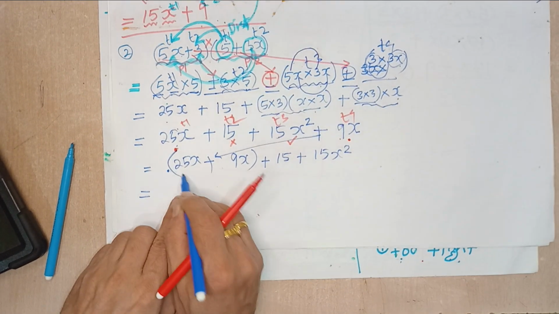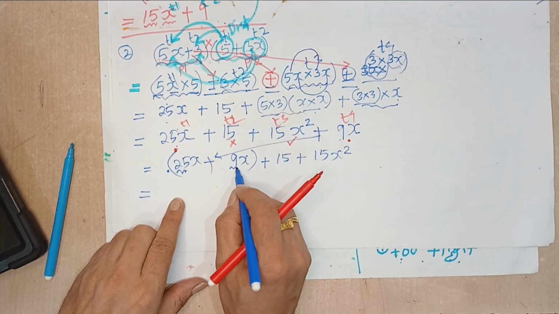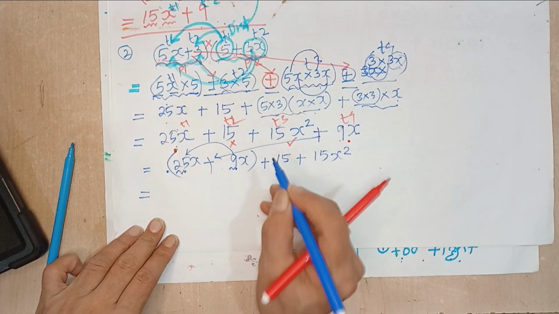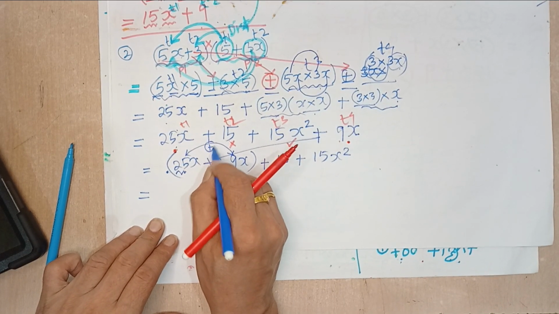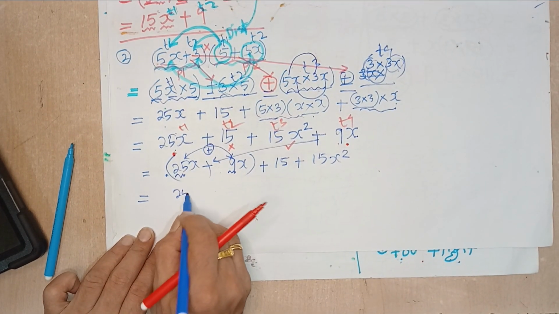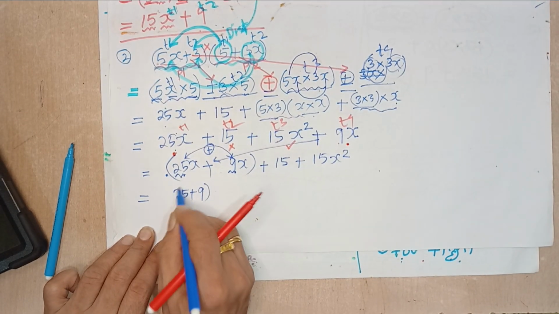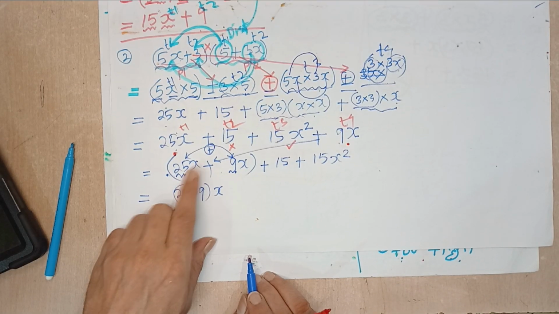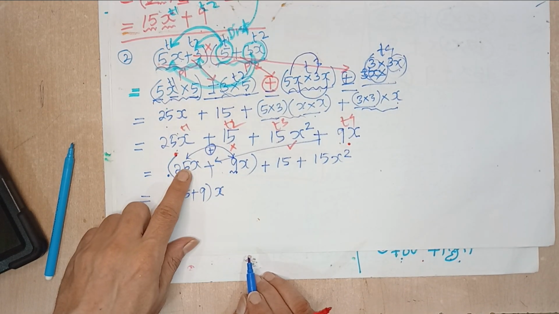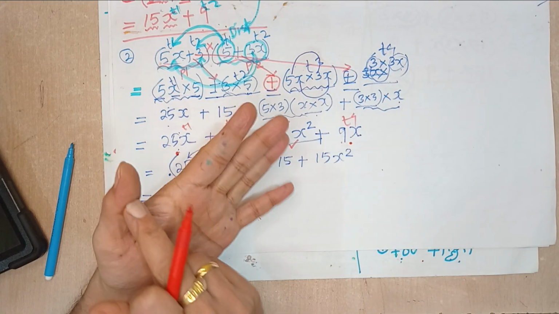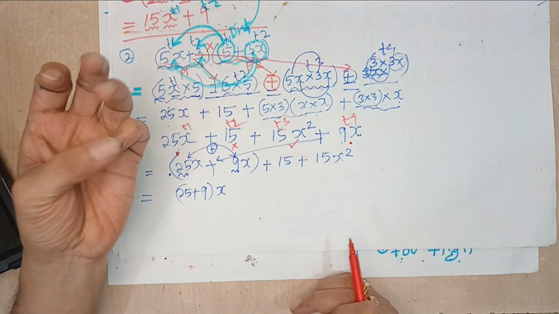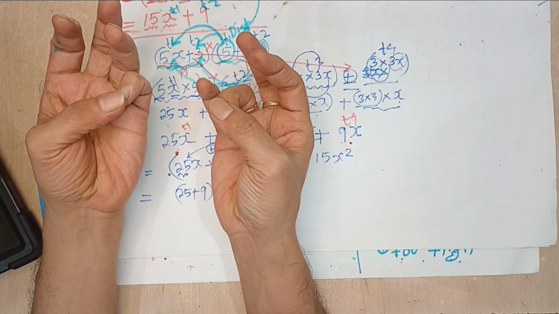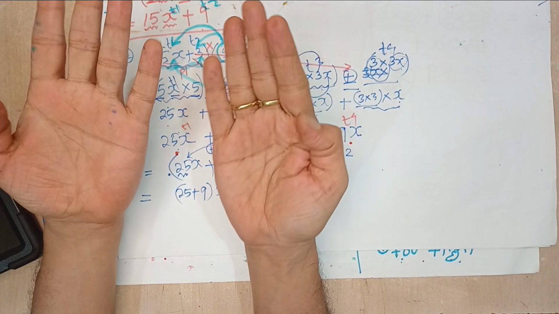Now it makes 25 plus 9, because the coefficients are to be added. So this makes (25 plus 9) whole into x, because you will be adding 25x plus 9x. That is 25x, 26x, 27x, 28x, 29x, 30x, 31x, 32x, 33x, 34x.